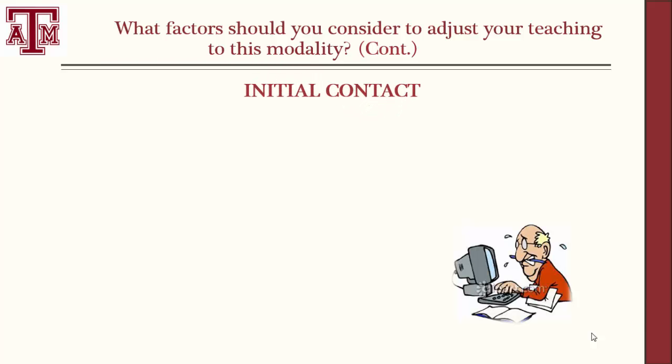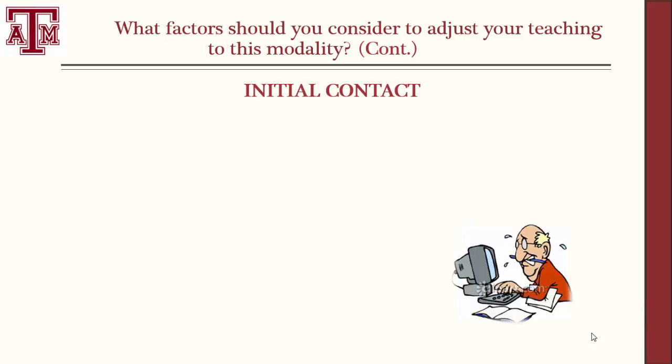Initial contact. Here in the United States, the initial contact that we have with an instructor or a professor of a course that we sign up for is generally done via the syllabus. However, in this situation, not knowing the level of comfortability that the international students may have, I would make it a little bit more informal.